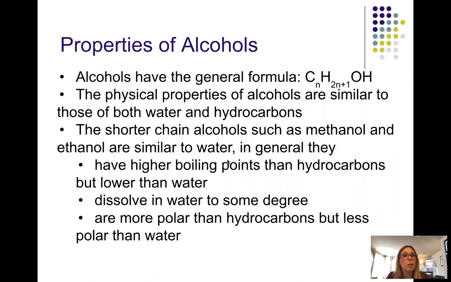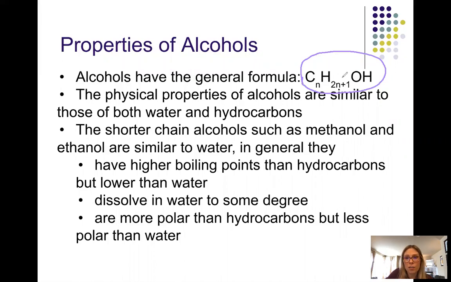Going back to what we learned earlier about the alcohols, we know that they are one of the classes of compounds that are made up primarily of carbons and hydrogens, but they also have that hydroxyl group. If we look over here at our general formula, for every carbon you've got, you're going to have twice as many hydrogens.